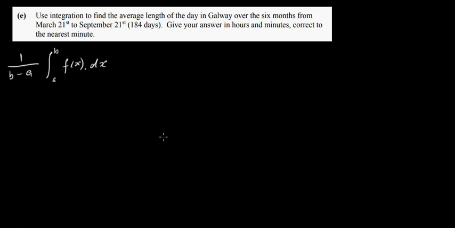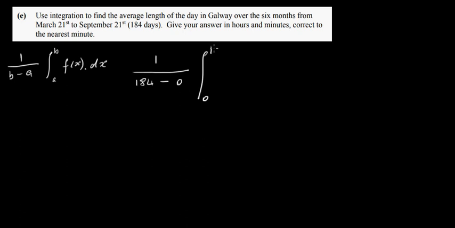So this is what we're doing. It's this average of a function formula. So in our case, we're talking about 184 days from March 21st, so it's going to be 1 over 184 minus 0. 0 is March 21st, and we're talking about 184 days later.